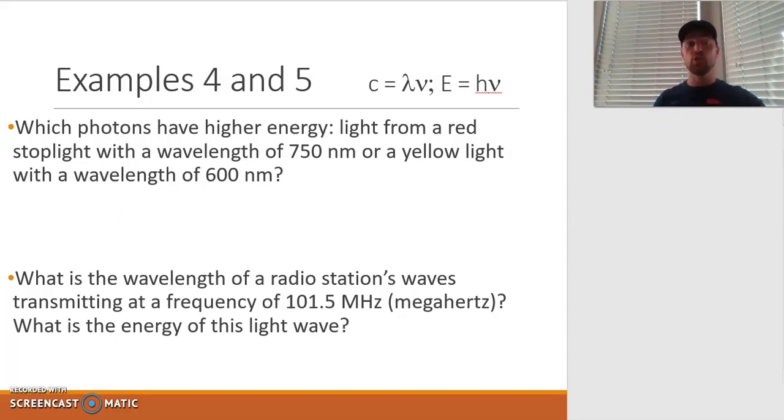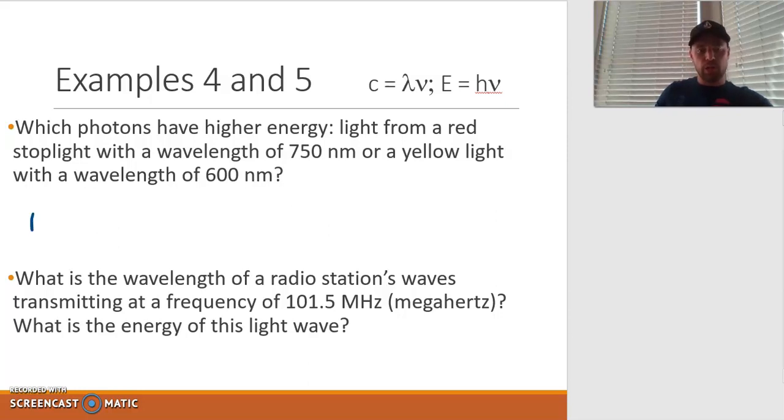So this question you could solve by mathematically figuring out what the energy is for both red light and yellow light and then comparing. But a better way to solve this problem actually could be using our properties to figure out our math relationships to figure out which one would be the one that has the higher energy.